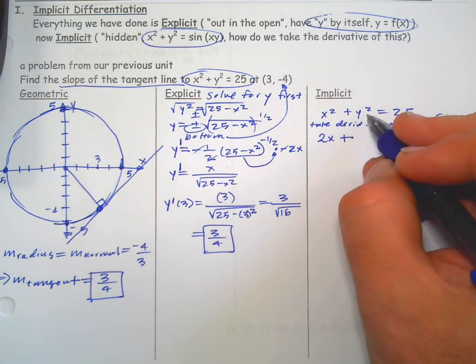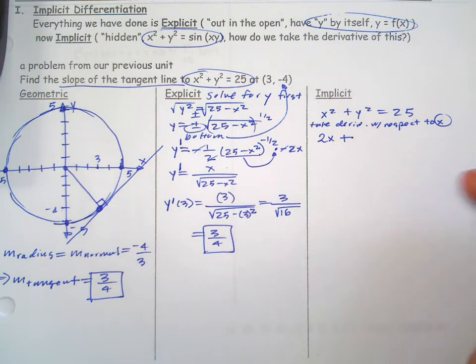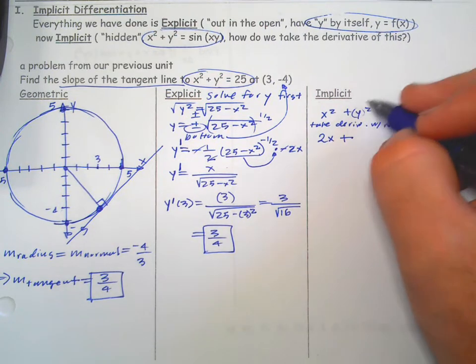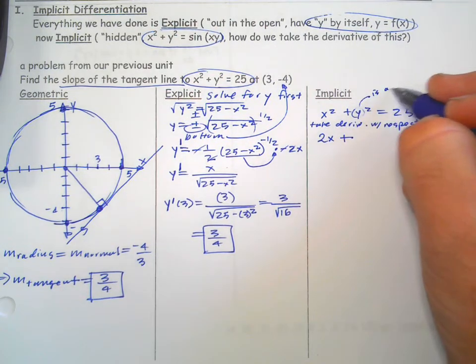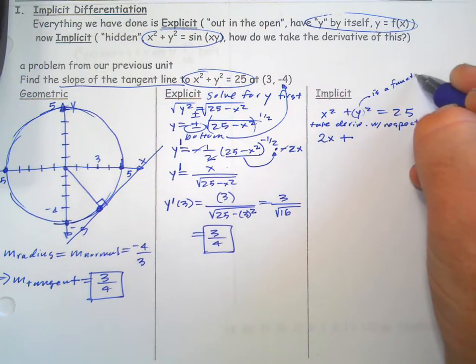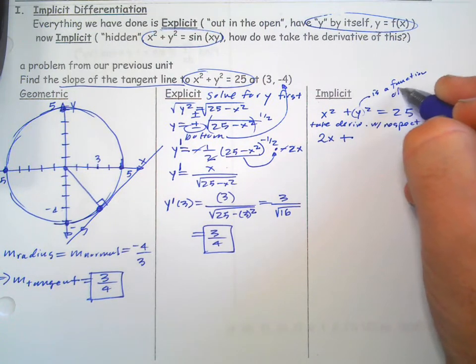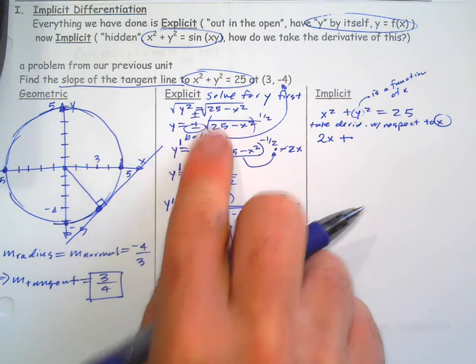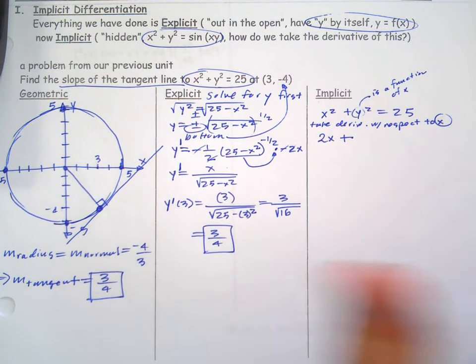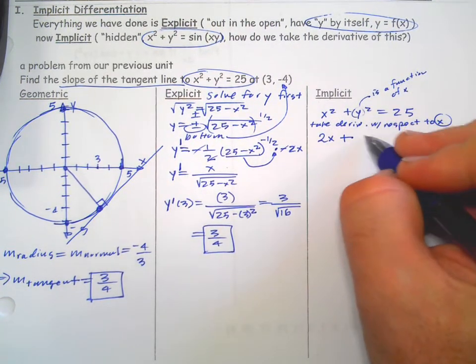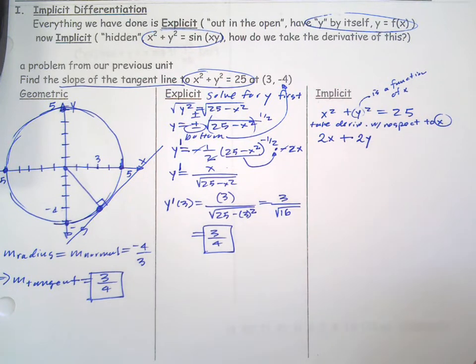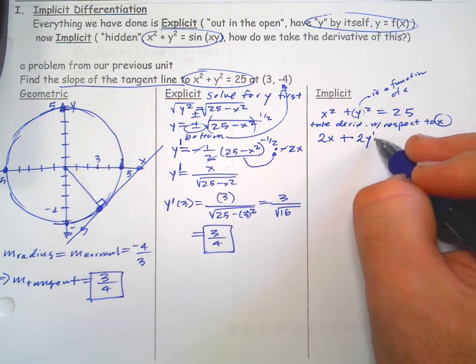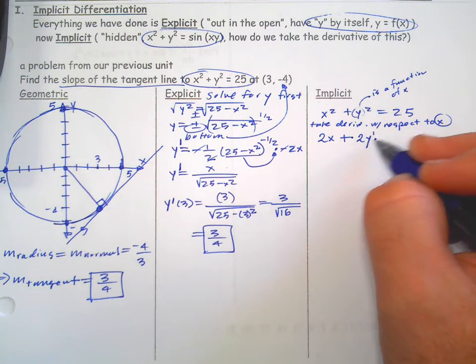Derivative of y squared with respect to x, well, y is a function of x. We just found it on the last one, right? I mean, if we wanted to, we could replace it with something with x's. But instead, let's take the derivative with respect to y, 2y to the first power, and then follow it up with the derivative of y.